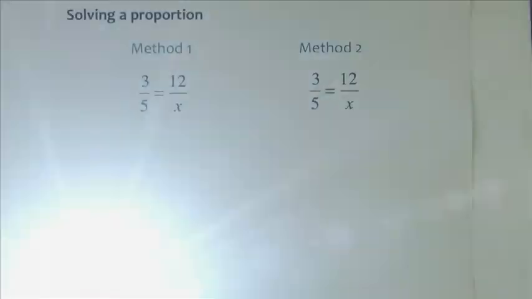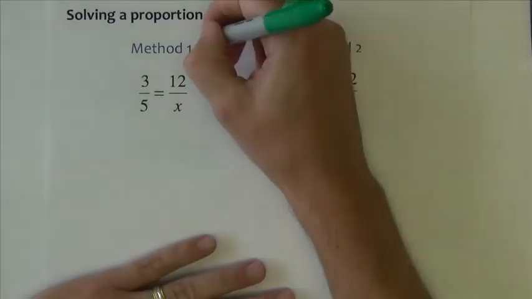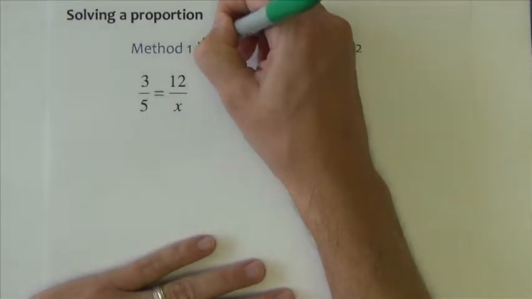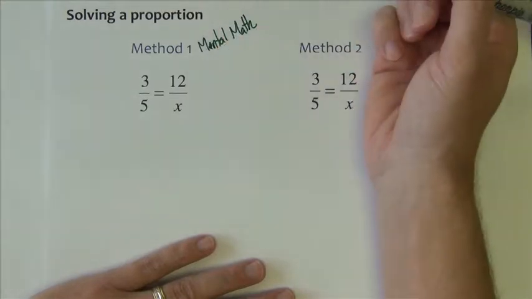Now, solving a proportion typically takes this form where you've got your two ratios equal to each other, but you've got a missing number somewhere, and you have to find what that missing number is. There's a couple ways you can do it. One, you can just use mental math. Sometimes that works.